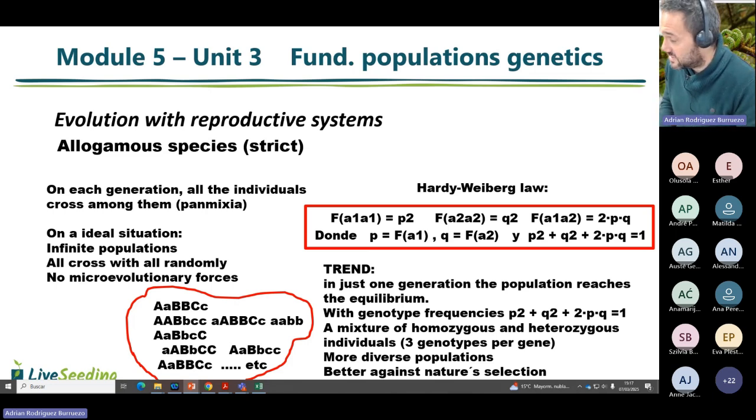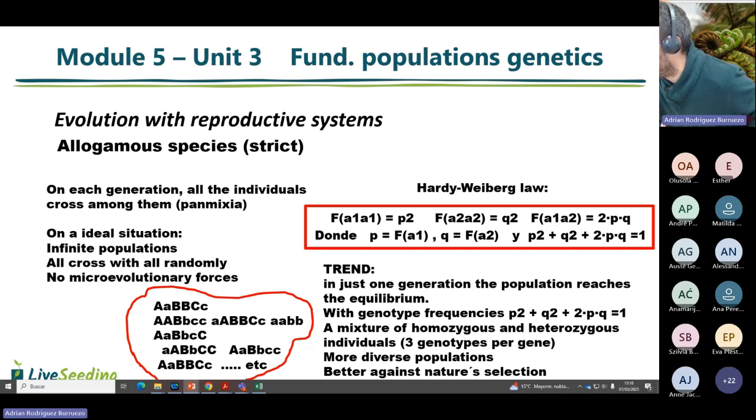And the population reaches the equilibrium with this formula. And this is by contrast to the autogamous species, which only have pure lines or inbred lines, homozygous for the gene, with two possible genotypes, the homozygous uppercase or the homozygous lowercase.